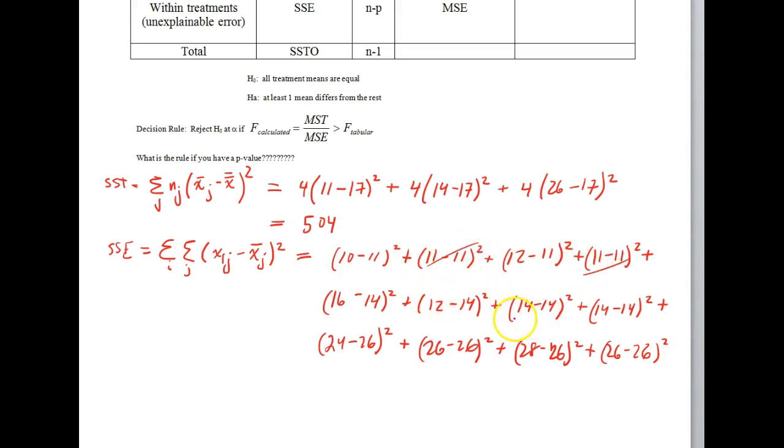Right, so those zero out. And this is going to be 1 squared, another 1 squared, which is 1, 2 squared, which is 4, 2 squared, which is 4, 2 squared, which is 4, and 2 squared, which is 4. So we have 1 plus 1 plus 4 plus 4 plus 4 equals 18.